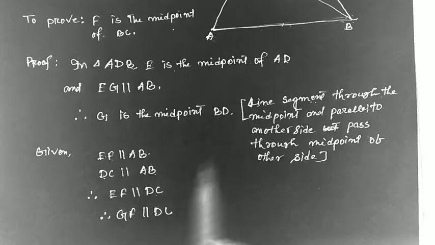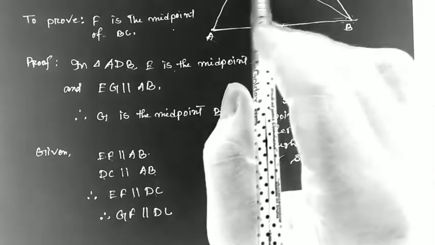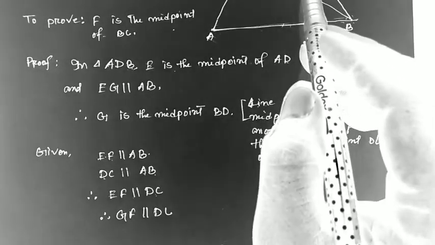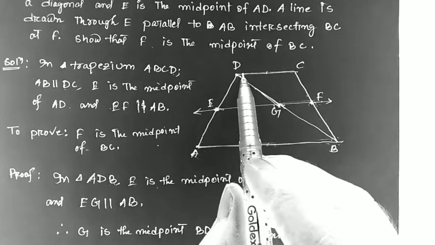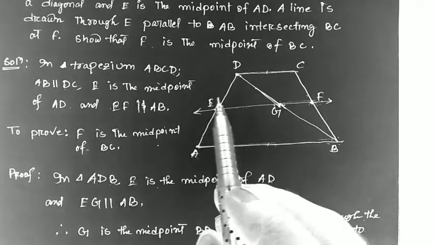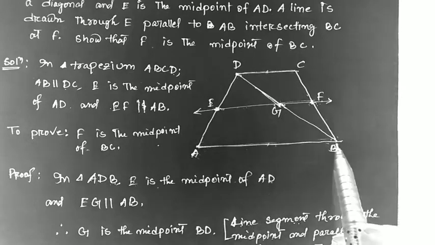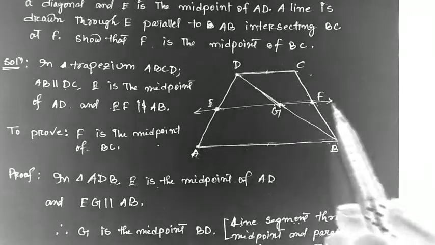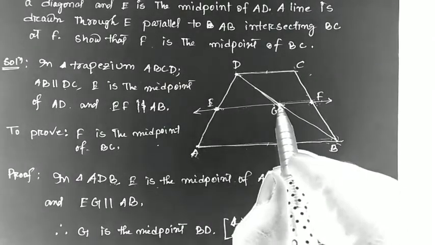Since EF is parallel to DC, GF is also parallel to DC because parts of parallel lines are parallel.